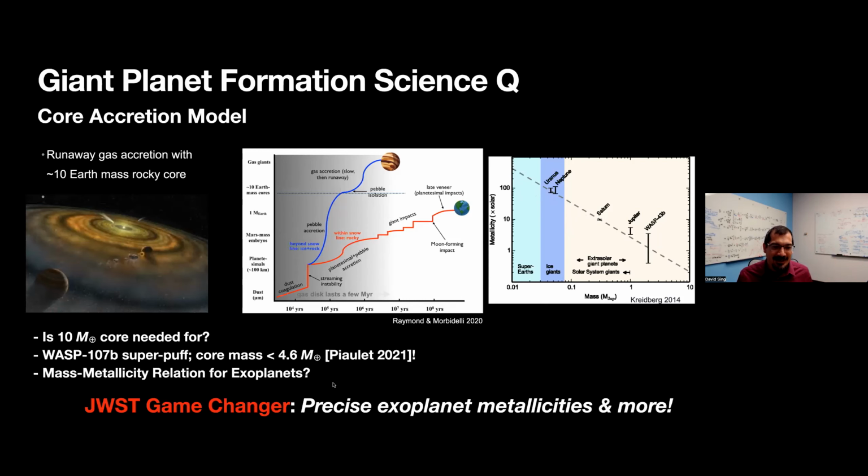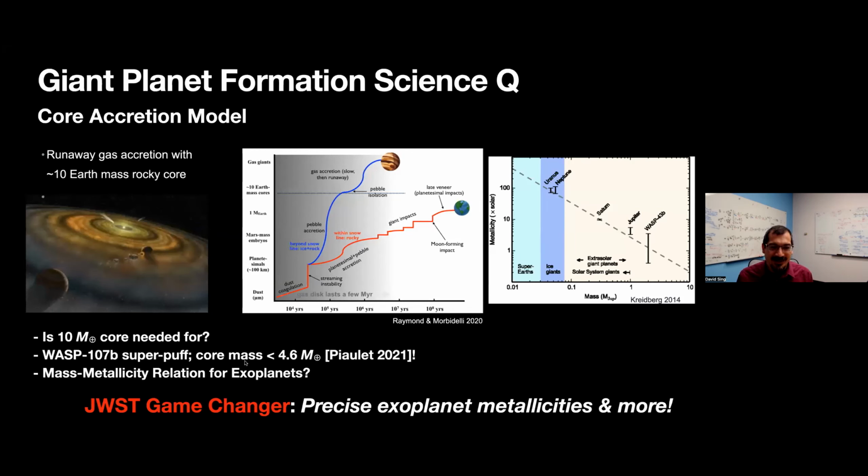And this is where JWST comes in. We're really going to start to get precise exoplanet metallicities, and more. So we should be able to start to test some of these core accretion theories. And already there are some real head scratchers. I'll show WASP-107 a bit later. This is a very, very puffy Neptune-mass planet.